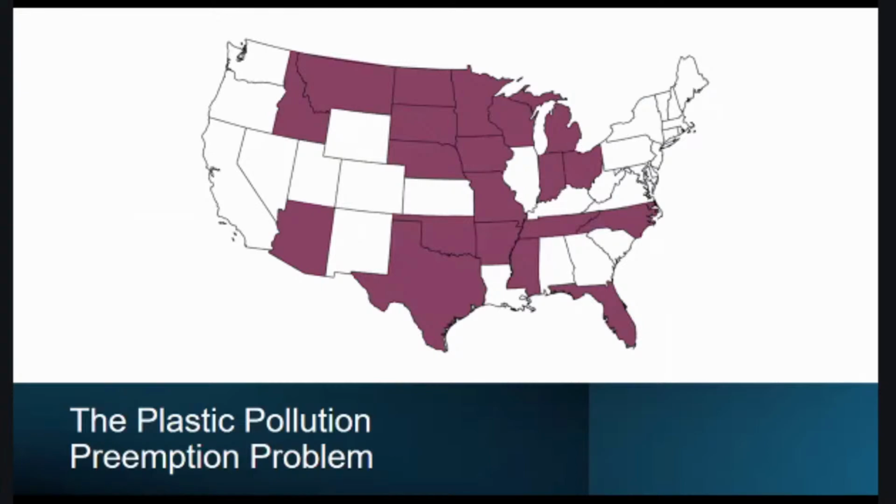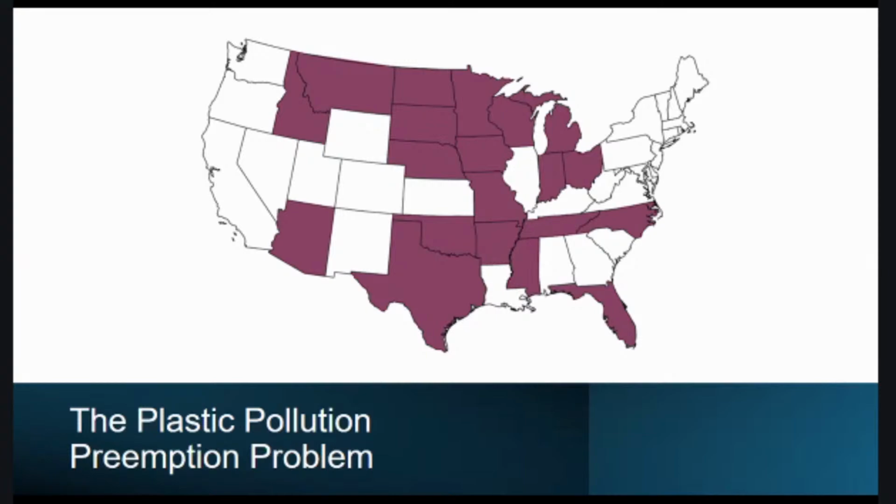One of the concerns that I think has really limited some of the efforts at that local government level is the real problem of preemption. The states that are highlighted in that purple color on this map are a list of the states that have adopted statewide preemption laws that prevent local governments from doing what they can do to try to stem the tide of plastic waste and reduce waste generation.